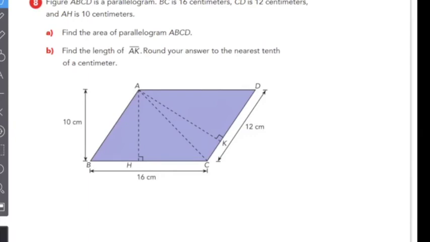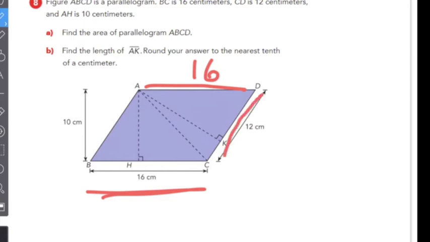Okay, so the next one, number 8, says figure ABCD is a parallelogram. BC is 16 centimeters. So what that means is that this side, BC, is 16, so AD is also 16. It says CD is 12, so CD over here is 12, and that would be a base of the big triangle there.